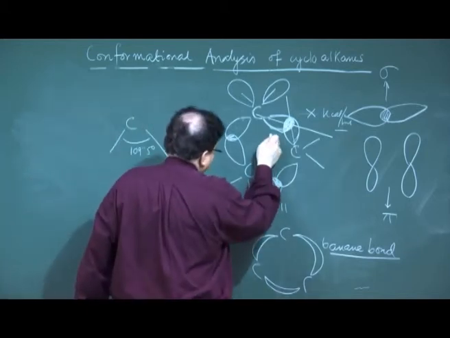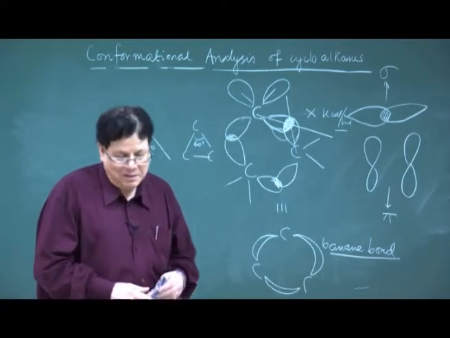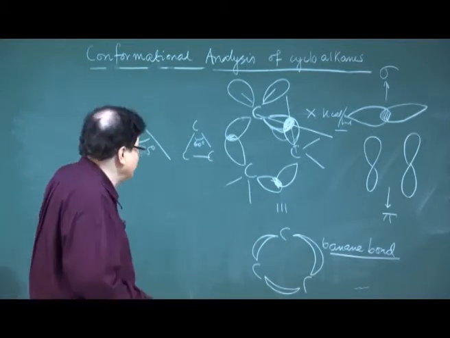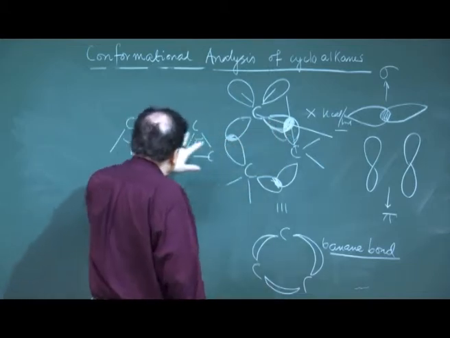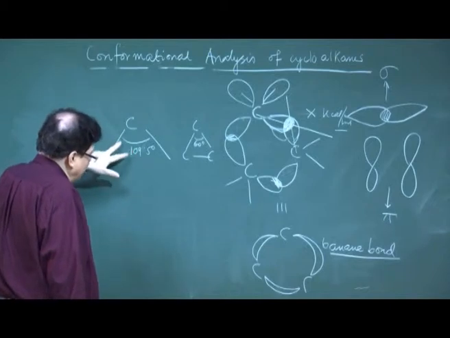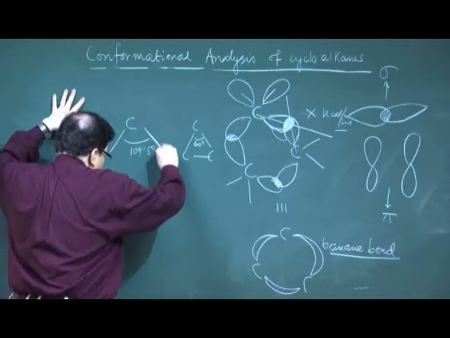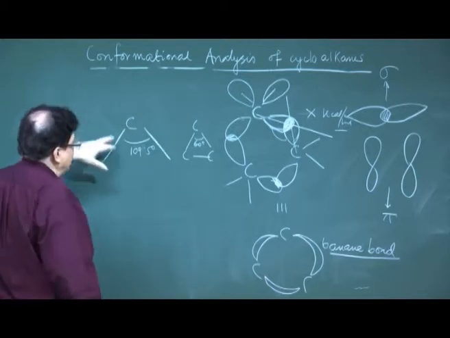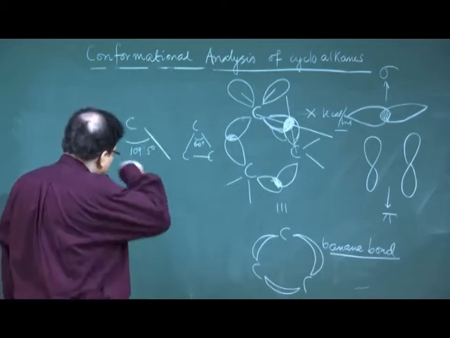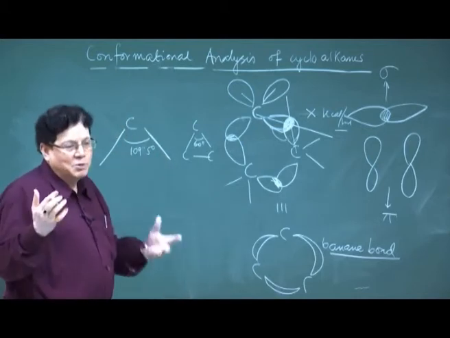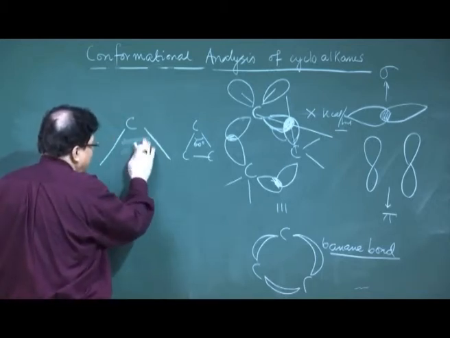This angle that you are seeing here will further decrease, because you are increasing the percentage of p character in these orbitals. You can also explain it here. The normal valency angle is 109.5 keeping the p character at 75%, but if the p character goes up to say 90%, then what happens? This angle will no longer be 109.5.